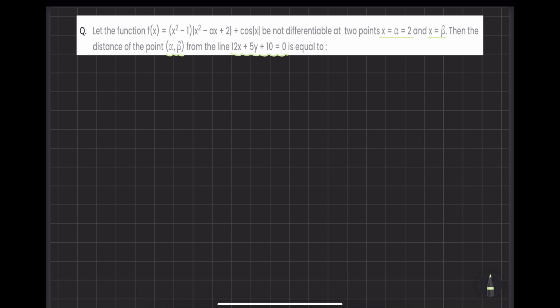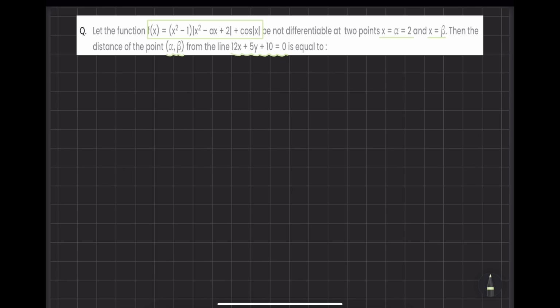Whenever you are trying to solve a differentiability question, you can go with the mathematical approach or the graphical approach. These are the two methods by which you can proceed. Suppose I ask you to draw the graph of this function, you will find it complicated. Why?